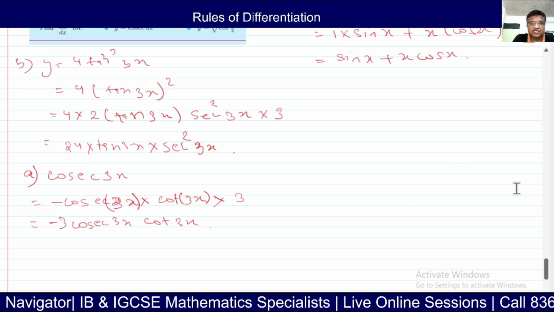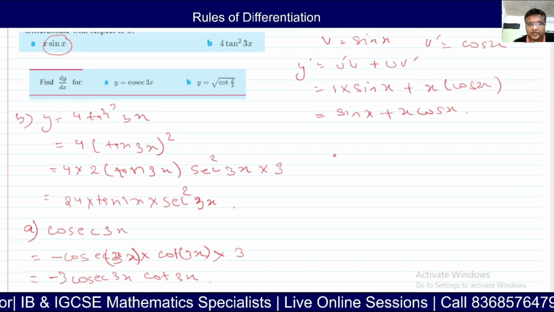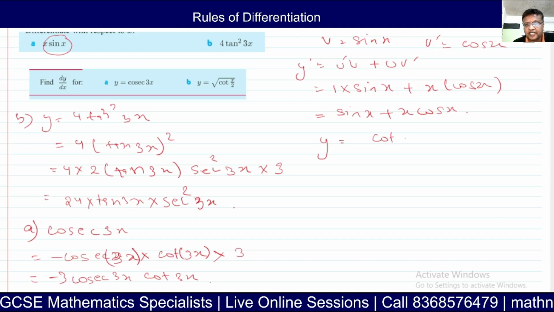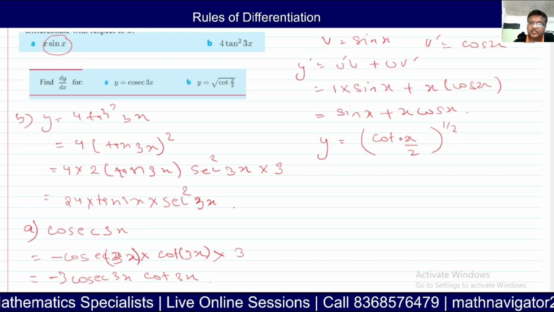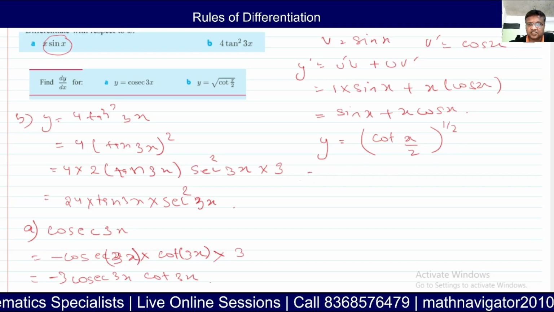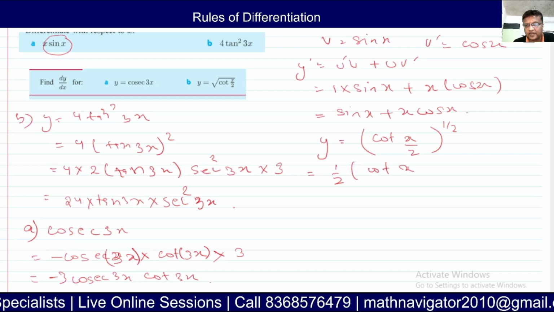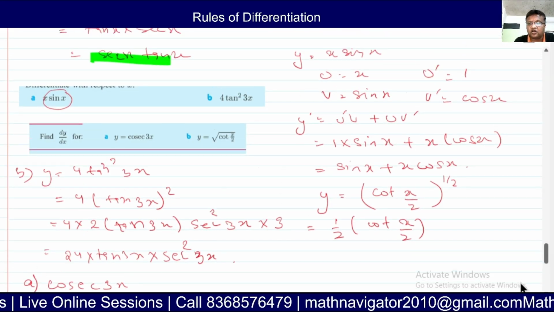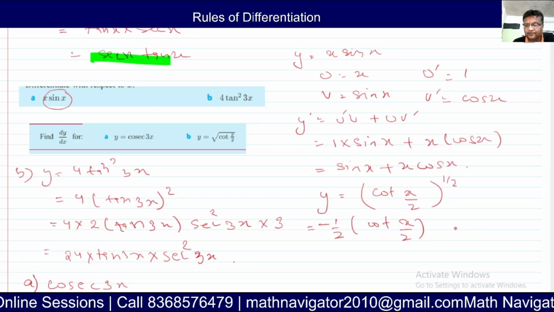Perfect. Let's move to the last question which we will do today. y is equal to cot of x by 2, whole half. So what we need to do, first we'll differentiate this whole thing, half cot x by 2. Then we will differentiate cot. So what is the formula for cot? Minus cosec squared, so I'll take my minus here.